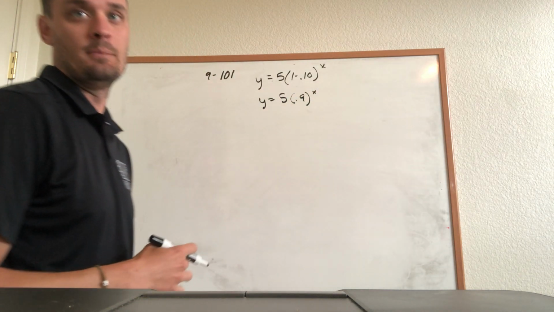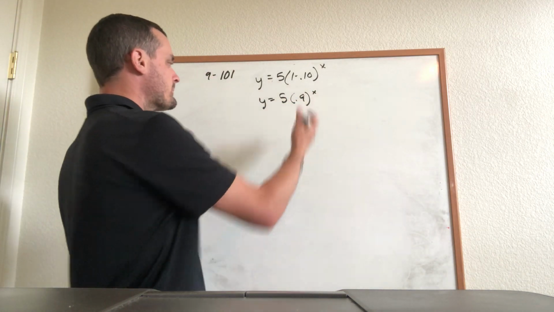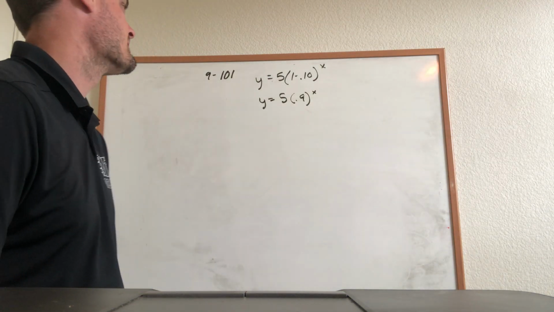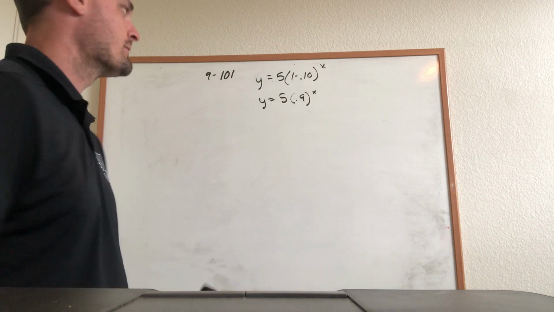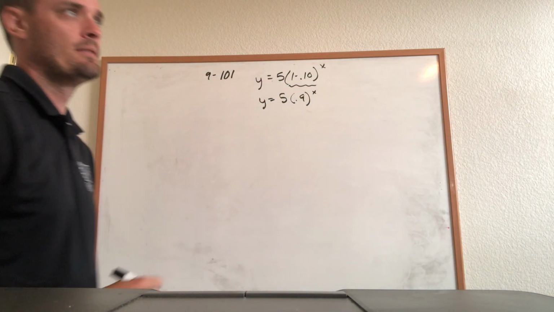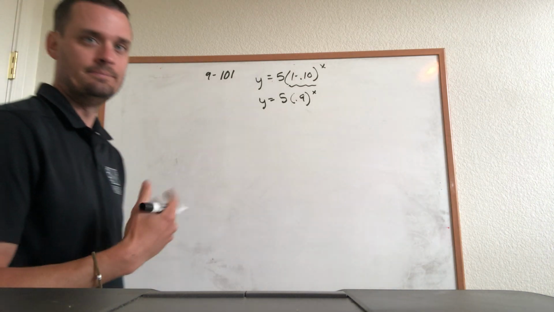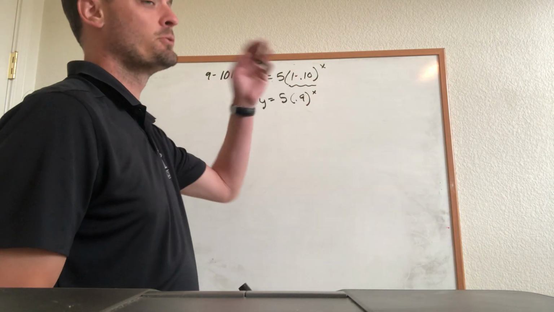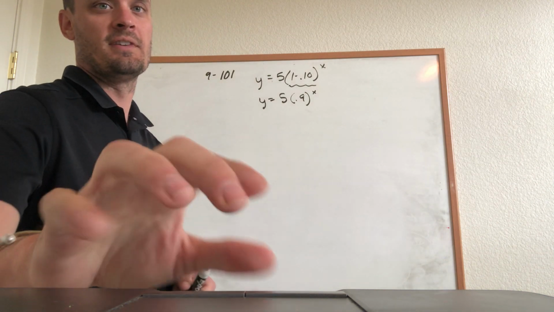If you want to figure out how much shoes will cost in 10 years, you plug in a 10 right there and you can get your answer. This is the part that I always see people mess up when you're talking about decreasing exponentially. You don't just plug in that number there, it's always 1 minus whatever your percentage is.